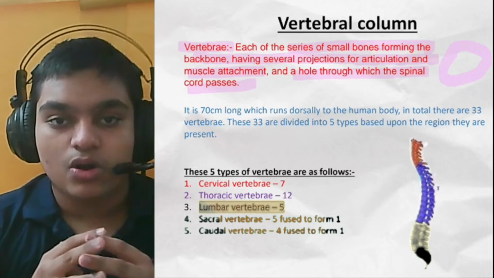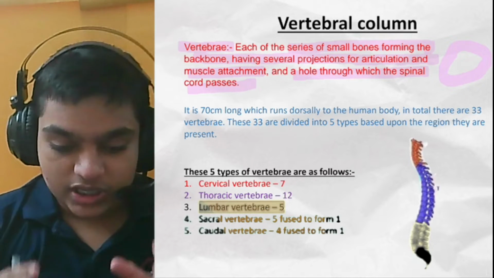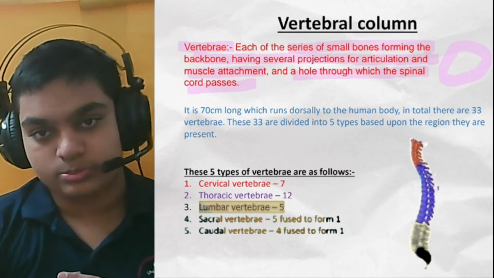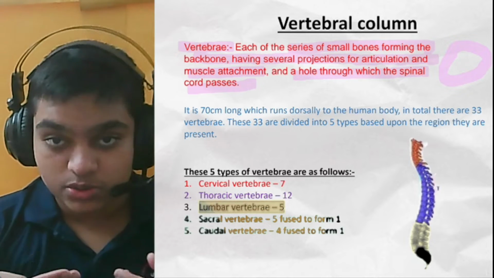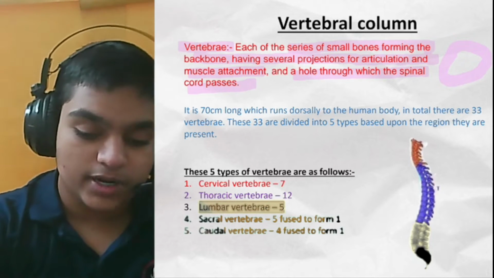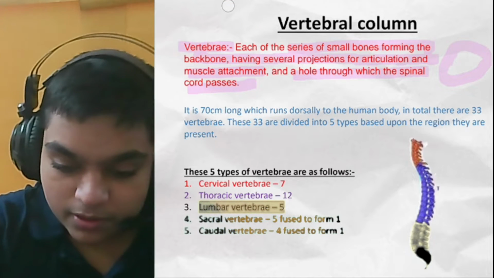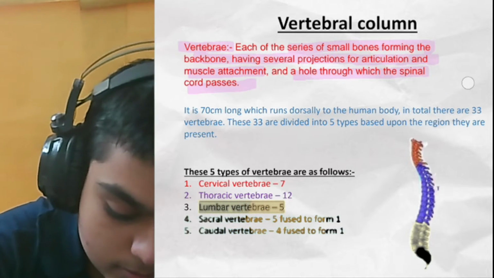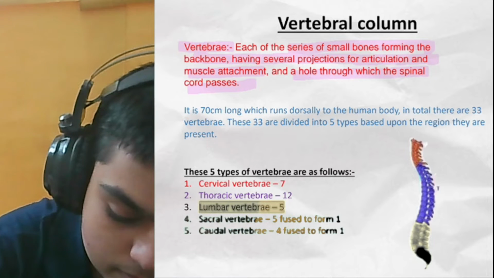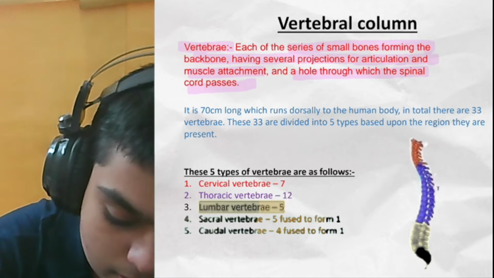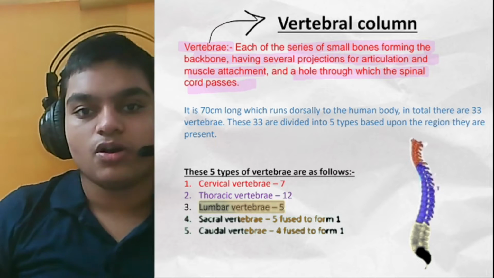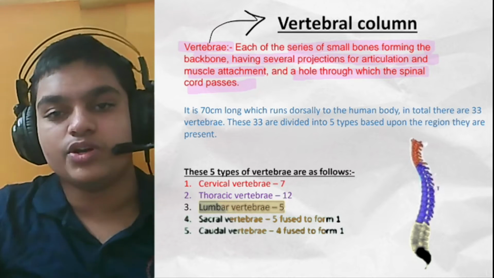So those are called vertebrae. Vertebrae are the structural units of the vertebral column, which means vertebrae form the vertebral column.